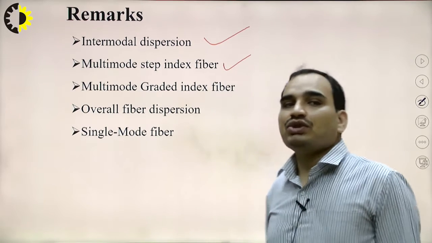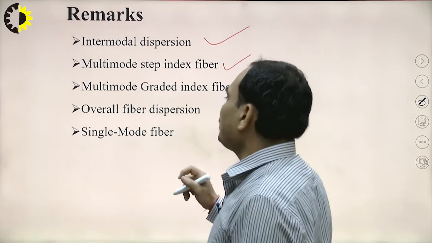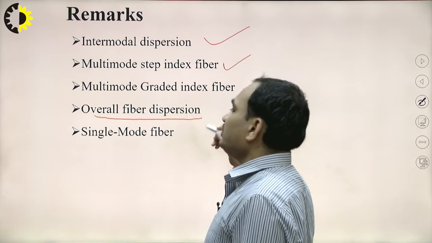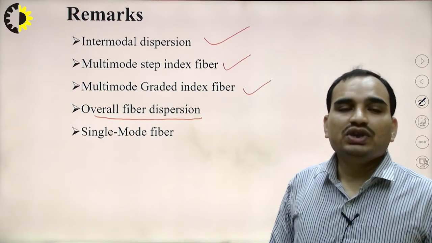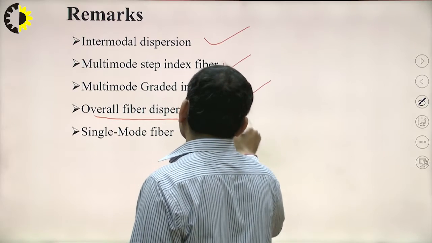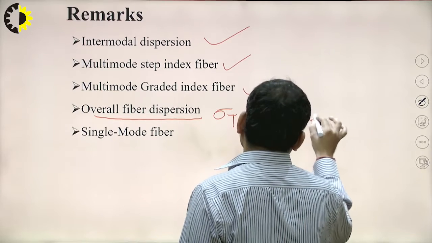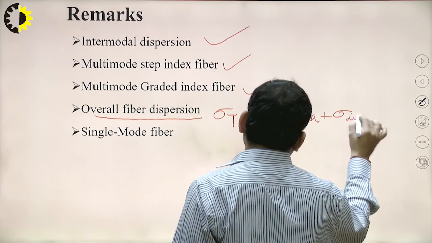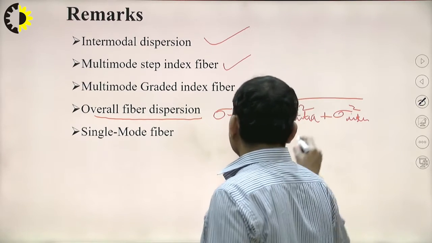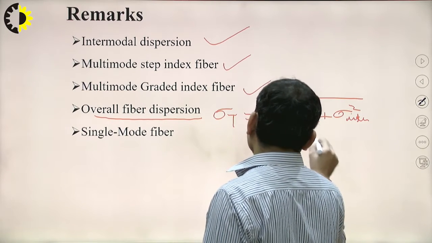Then we discussed the multi-mode graded index fiber, and the overall fiber dispersion, which is a combination of the intramodal and the intermodal dispersion, where we have taken the square terms, and the intramodal has the waveguide and the material dispersion.